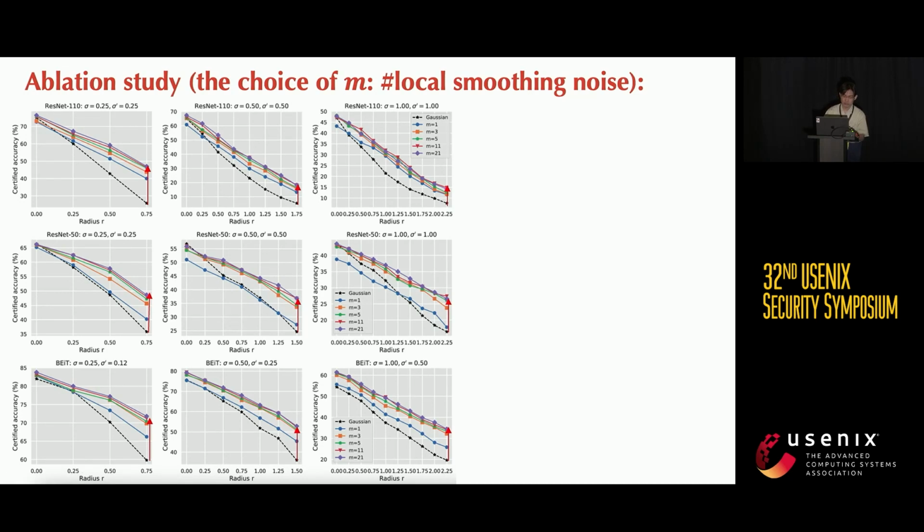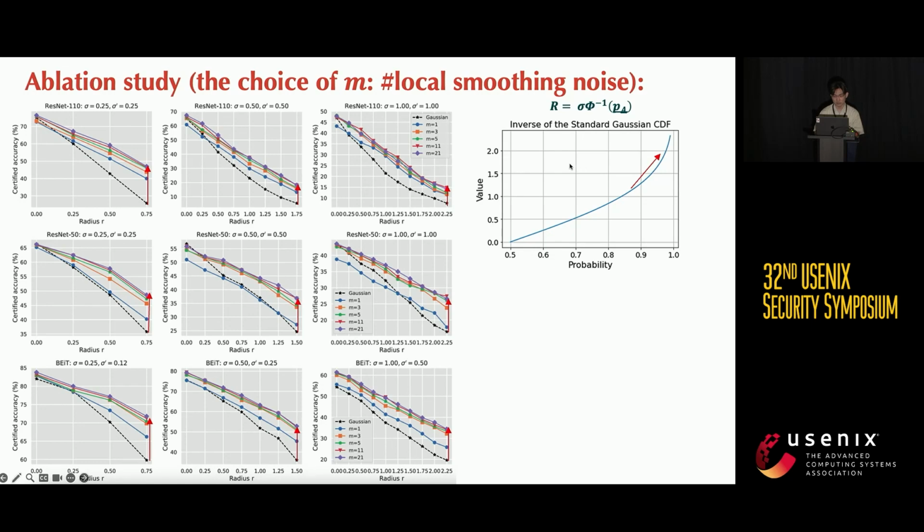The reason is quite simple, since as we've seen before, the inverse of the standard Gaussian CDF is convex. So with only a small improvement on the probability, we can achieve a much higher value, which will lead to a much higher certified accuracy.